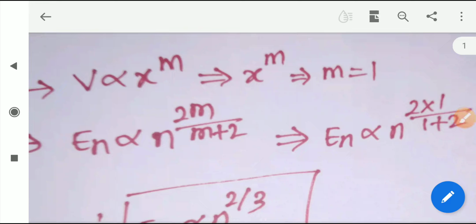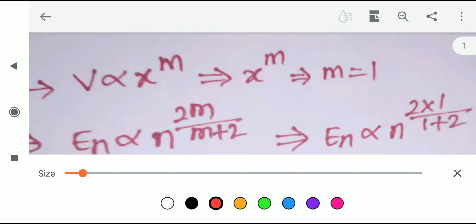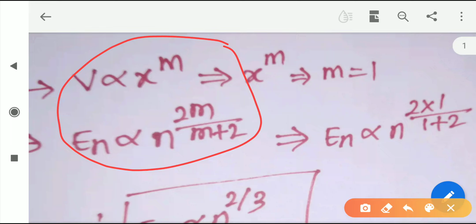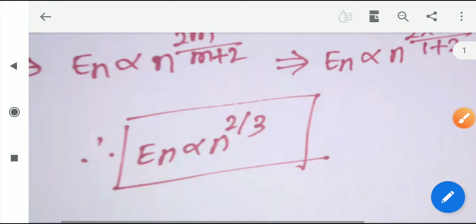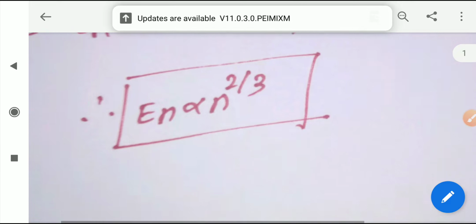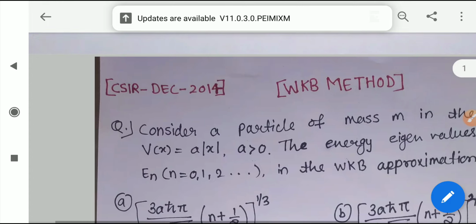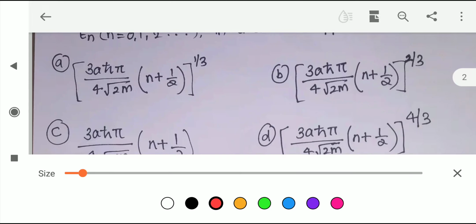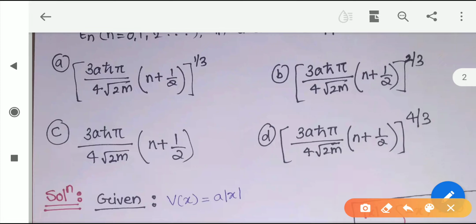From these two equations, easily you can solve your numerical by using the trick method, only by using these simple two equations. So by using the trick method we have got the power 2 by 3. Easily you can find out which option is correct. In option A, we have the power 1 by 3.